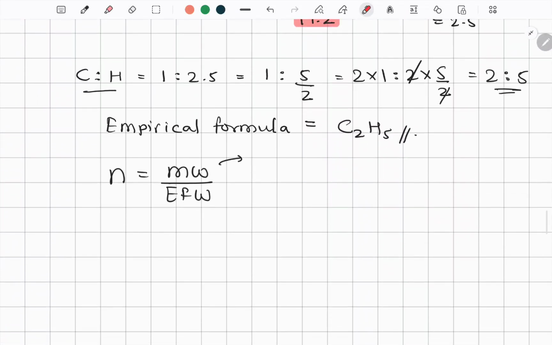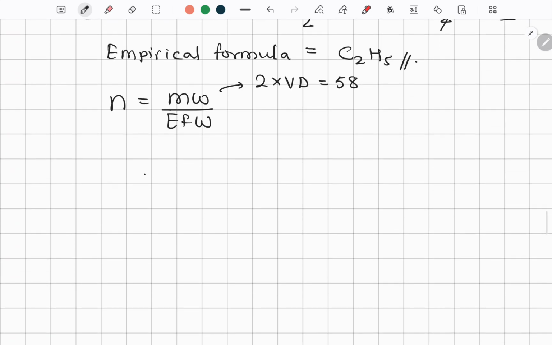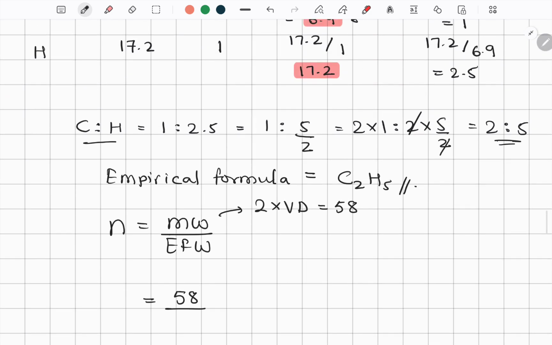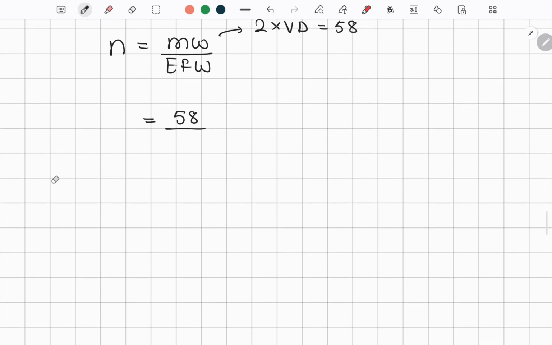That means if I multiply this vapor density by 2, then I'll get the molecular weight. So when I multiply 29 by 2, I get 58. So my numerator is set, which is 58. What about my denominator? We have the empirical formula C2H5, so we just have to add all the numbers.